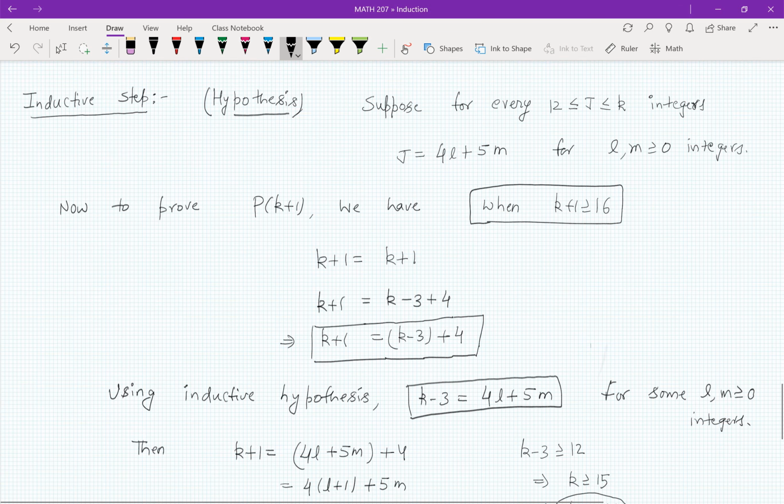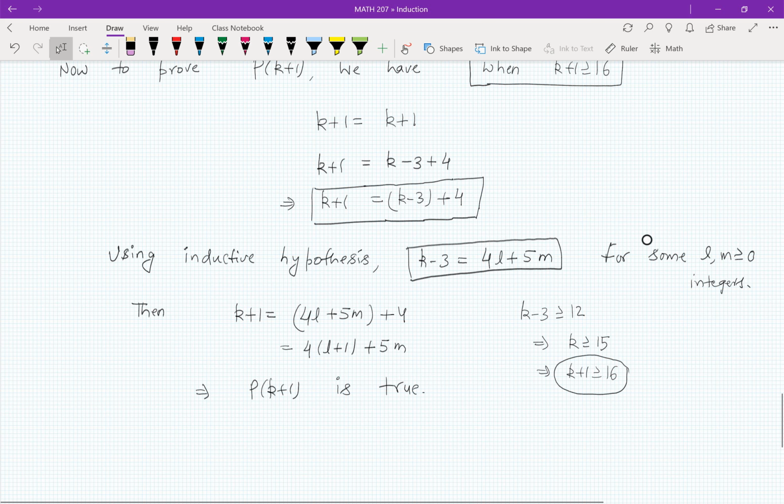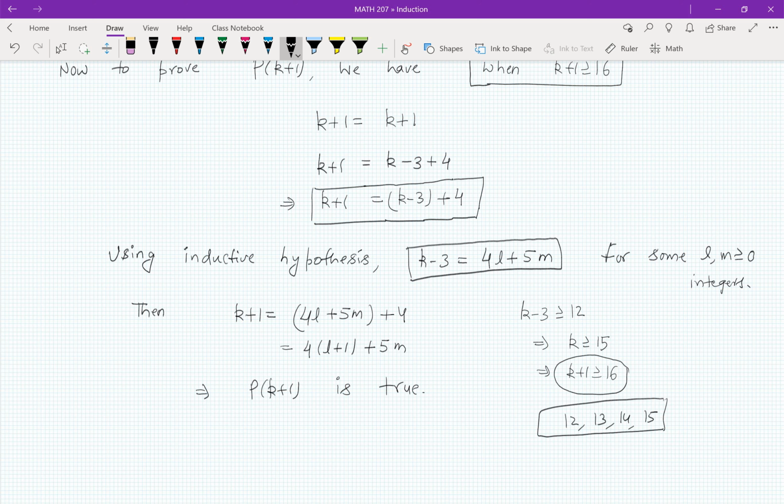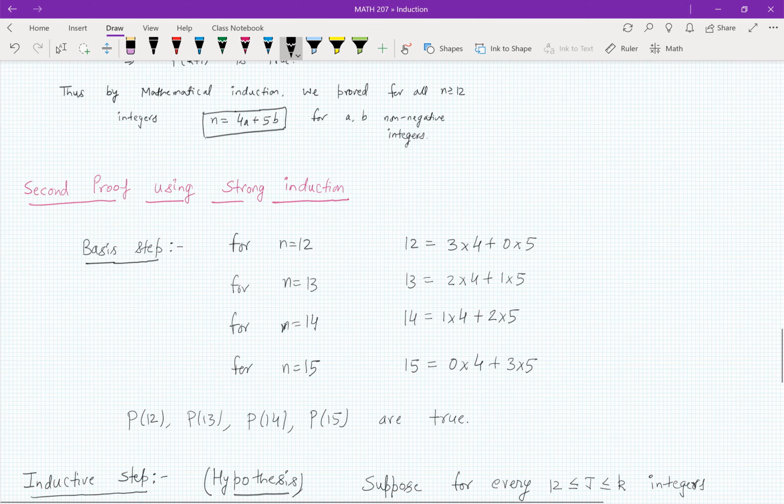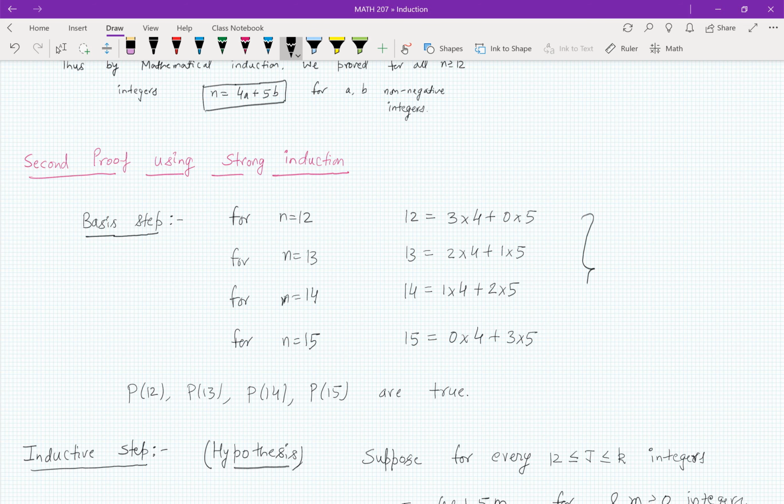And because of that, we're going to cover all our cases of 12, 13, 14 and 15. We're going to include all those cases in our basis step. Because then only can you use this inductive hypothesis in proving your statement for k plus 1. And on the basis of that, you're going to decide how many base cases you should have in your proof.